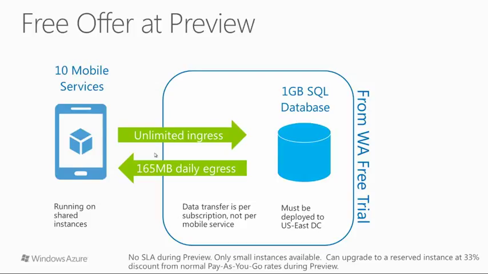If you've got an MSDN subscription and those sorts of things, you've basically got SQL DB that's going to last you all year while ever you've got that MSDN or BizSpark subscription or whatnot. As far as egress is concerned, 165 meg of daily egress on that via the free trial, and if you've got your Windows Azure subscription through anything else, well then it's based on the egress of that.